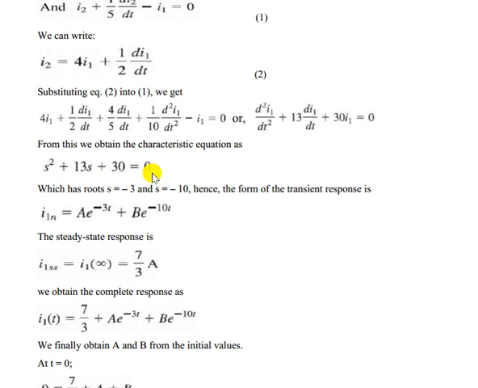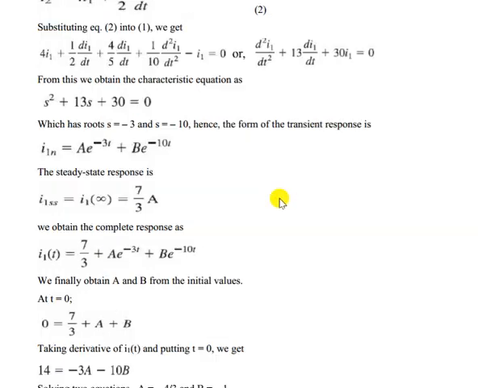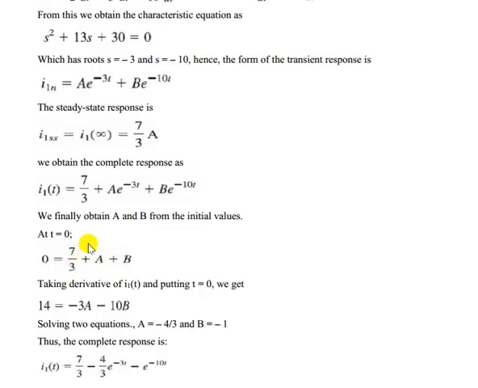If we take I1 equal to A e to the power st and try to solve it, we get the characteristic equation s square plus 13s plus 30. From that we can find the values of s. Both are unequal and real, so the transient response is overdamped. We can write the equation once again: I infinity, you know the value of I infinity, we can add with that to get the total complete response.